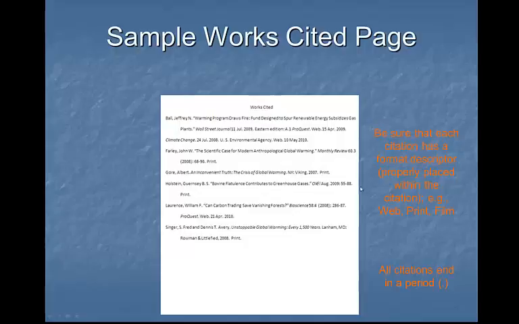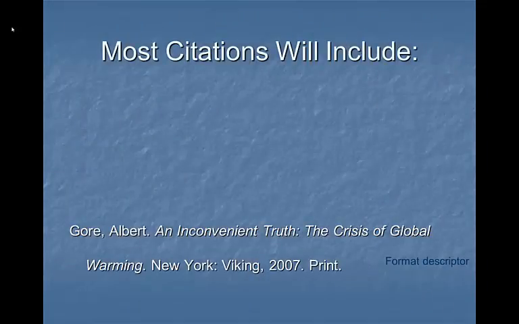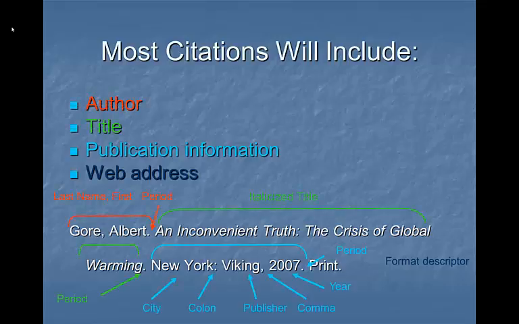There's significantly more information on these citations than the in-text citations. Let's talk about the additional information that these Works Cited citations will include. The in-text citation is just the author's last name and the page number, or if there's no author, the title and the page number, if there are page numbers. This citation includes the author's name.